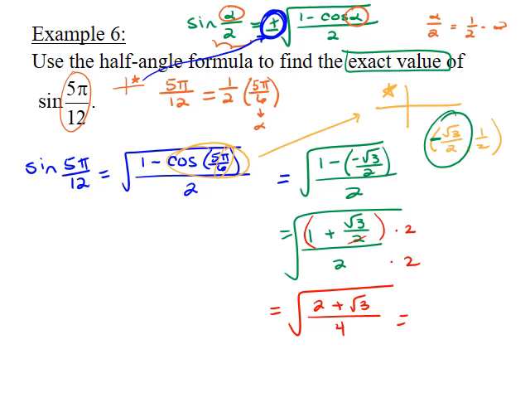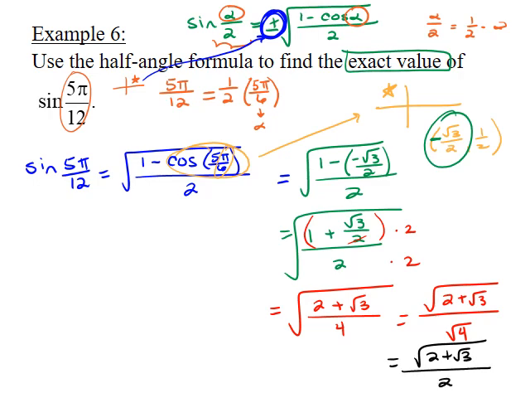Remember, when you have division of radicals, you can take the square root of the top over the square root of the bottom, and we will end up with our final answer of 2 plus the square root of 3 under a radical, all over 2. I know this is a little ugly, but this is the exact value of sine of 5 pi over 12.